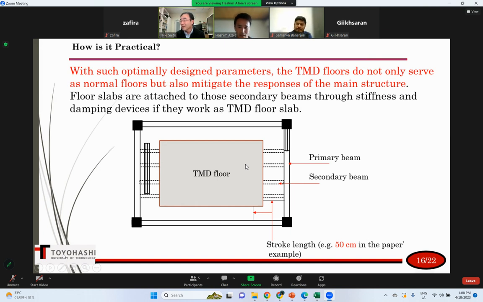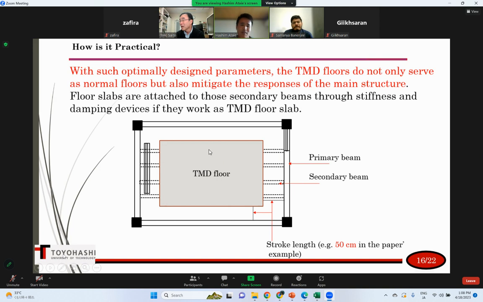Why don't you understand? Because, Sensei, consider this is, for example, your office, and this is the slab. When the frame, for example, vibrates, this slab has to vibrate to counteract.